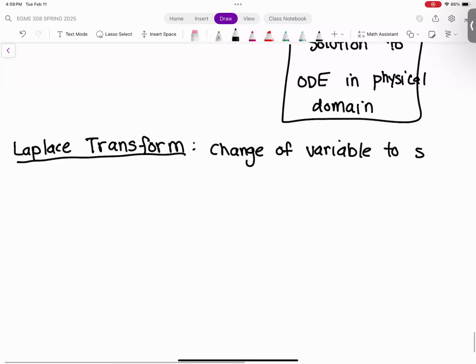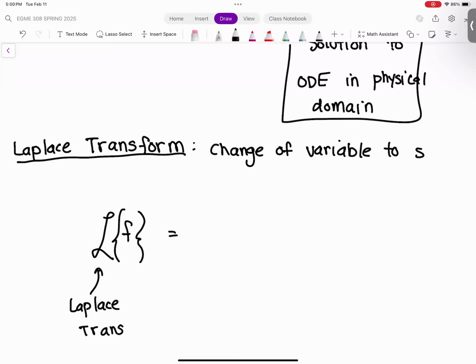And so if you have some function f, to take its Laplace transform, the way we denote it is we put a fancy L around it. So this L here represents a Laplace transform. You're going to see me use that symbol quite a lot.